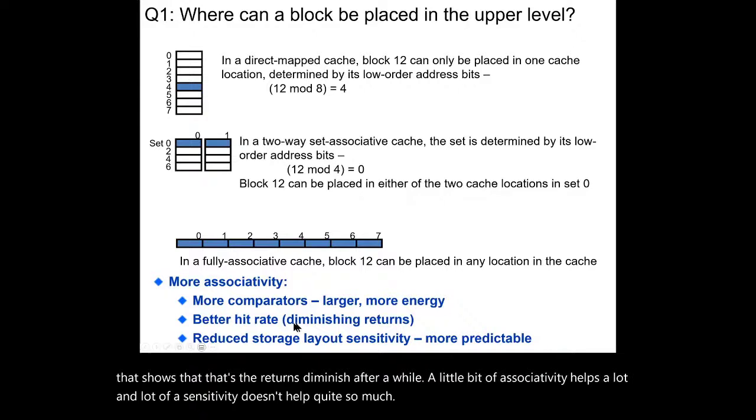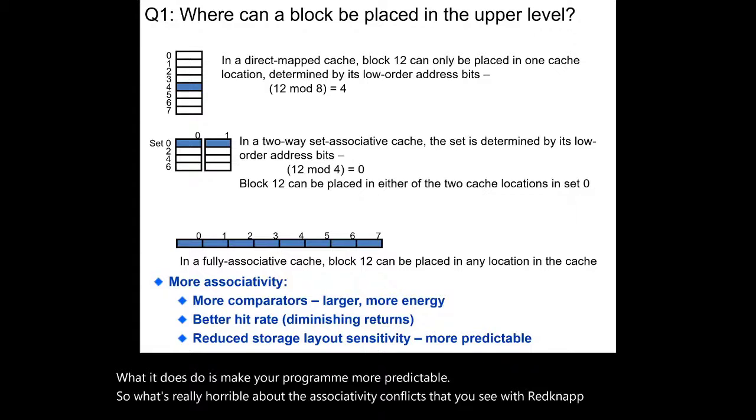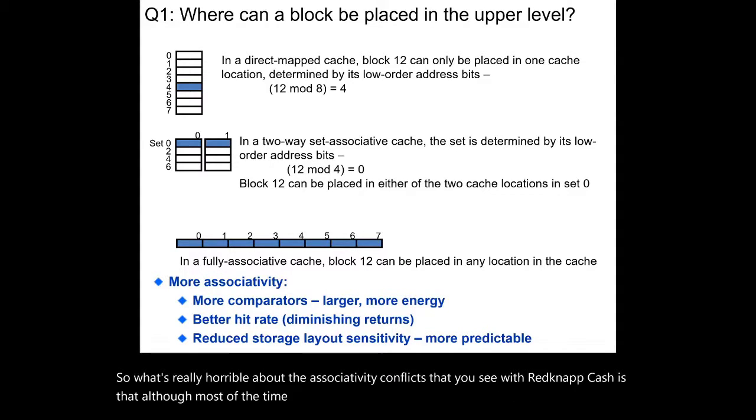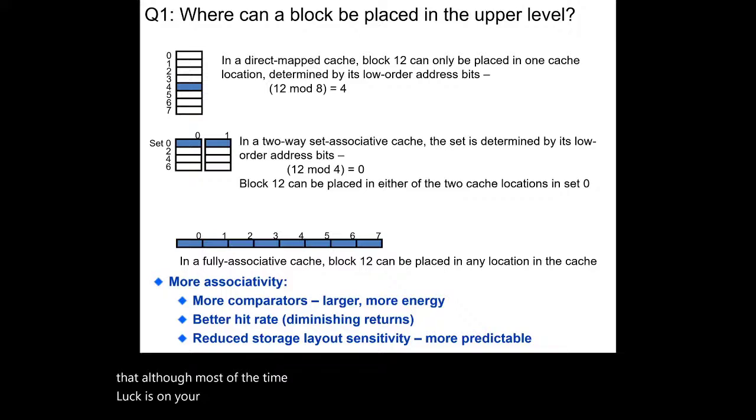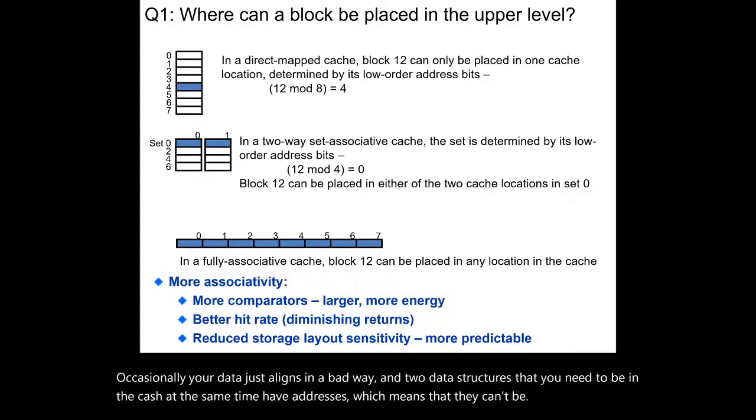What it does do is make your program more predictable. What's really horrible about the associativity conflicts that you see with a direct mapped cache is that although most of the time luck is on your side, occasionally your data just aligns in a bad way, and 2 data structures that you need to be in the cache at the same time have addresses which mean that they can't be. That's very unfortunate, right?